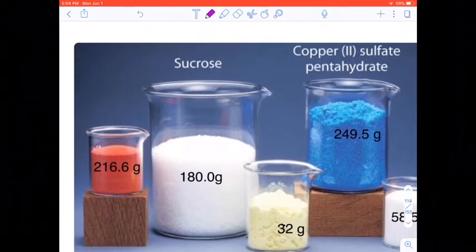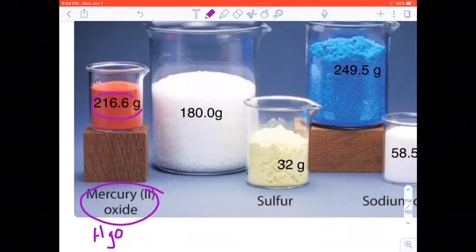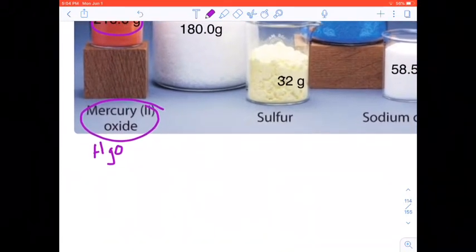Here, for instance, there's mercury, which is HgO. I showed you that, and we calculated that to be 217. So if I have 217 grams of mercuric oxide, what can I say? I can say I've got 6.02 times 10 to the 23 molecules of HgO in here.